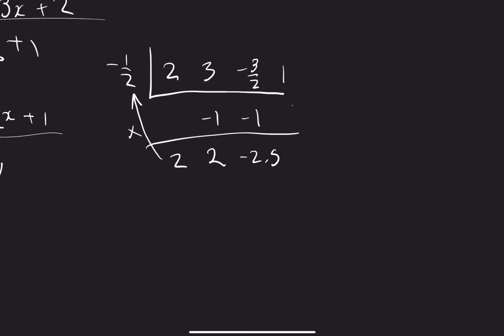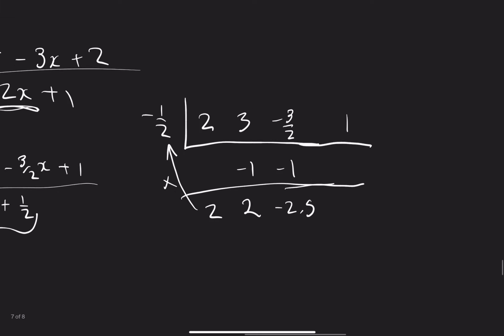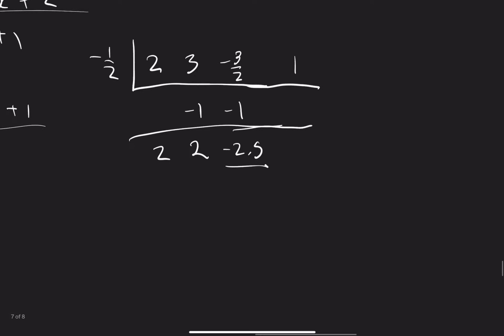Let me just, I'm forgetting a step here. I guess let's probably extend this a bit more. And then since we still got the 1 there, we need to do the same thing again. Just multiply this by negative a half. I don't want to risk doing that in my head and getting embarrassed, so I'll probably just write it out.